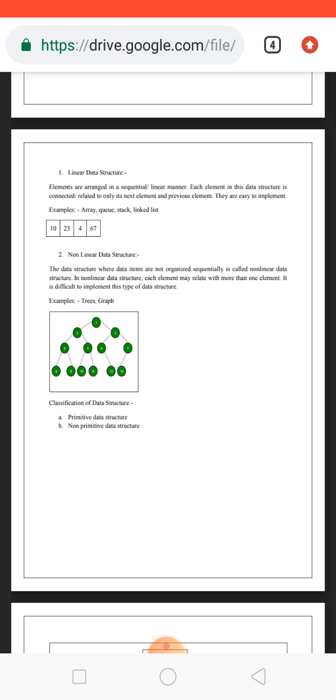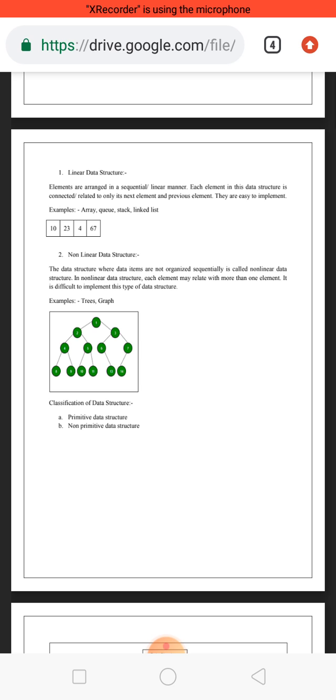But whenever you store those elements in a non-linear fashion, you need to develop a logic, so that a particular element will be stored at whatever location is derived from your logic. This is your non-linear data structure.